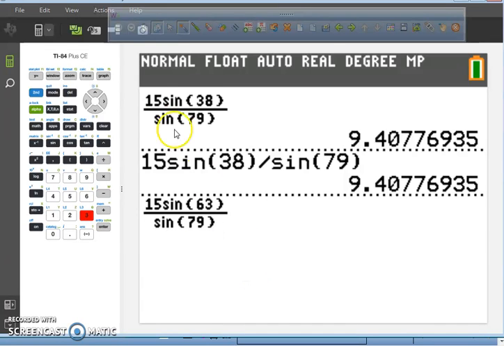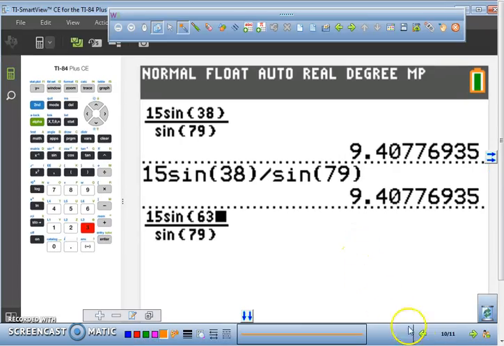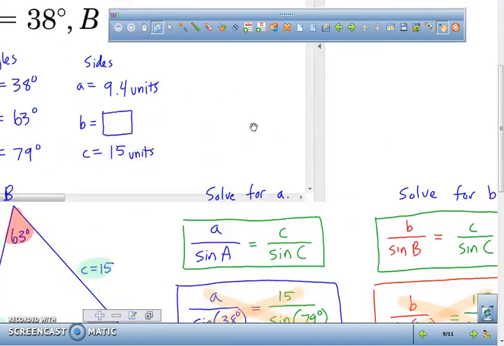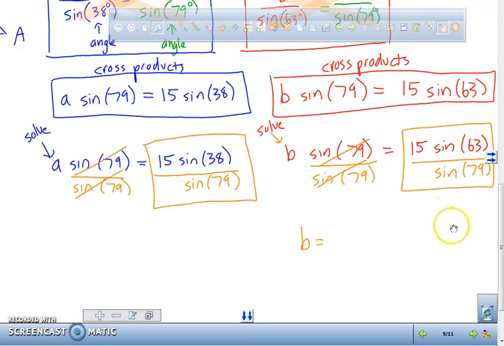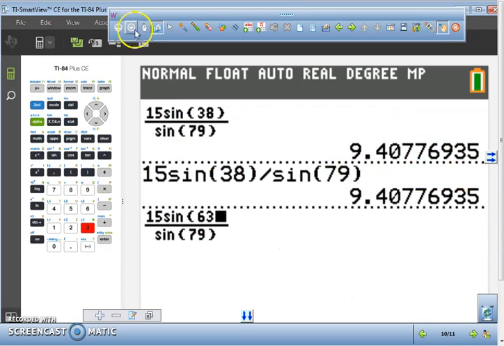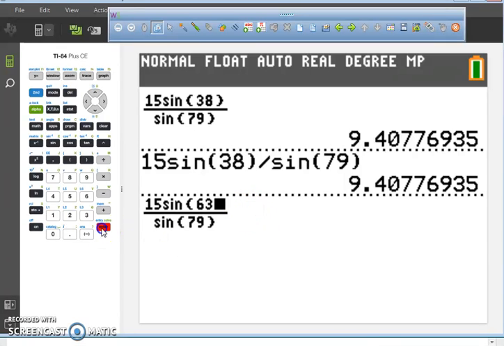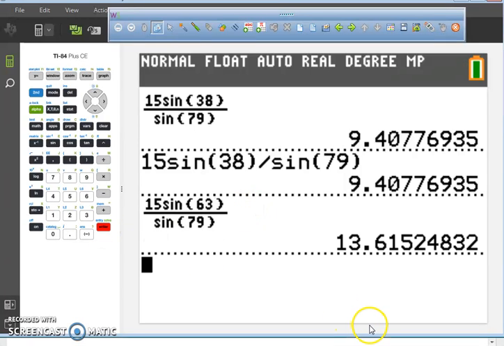Because if you think about it, let's go back real quick. What's the only difference between our two answers? This one has 15 sine of 38. Our other one has 15 sine of 63. So yeah, I'm just going to go right back here. Press enter. And there's my other answer, 13.6.